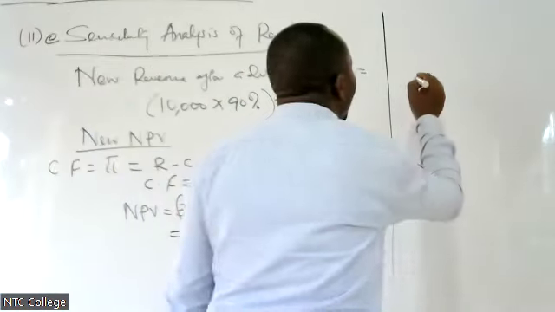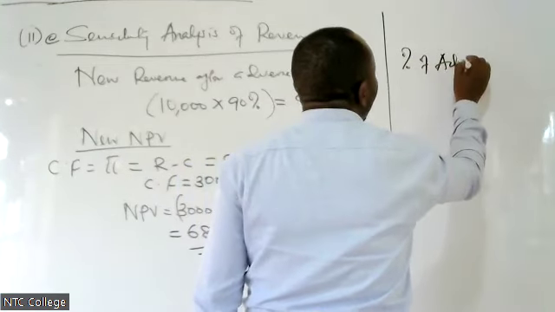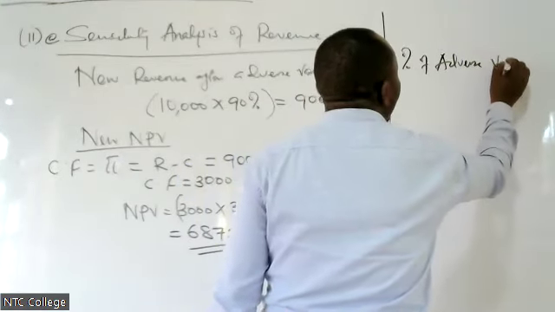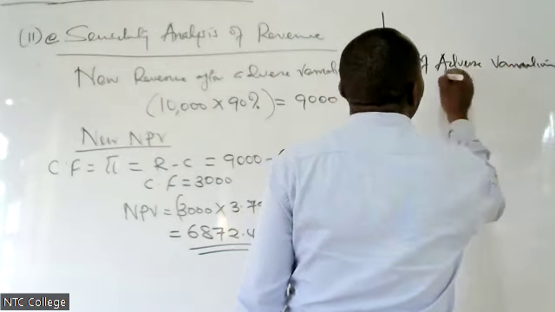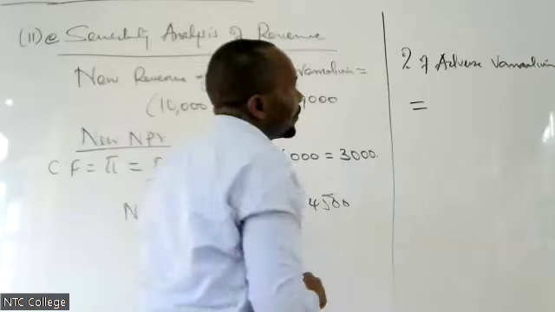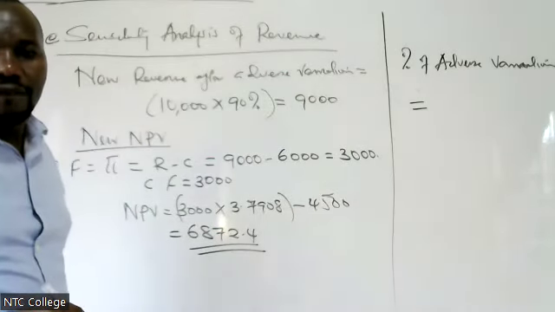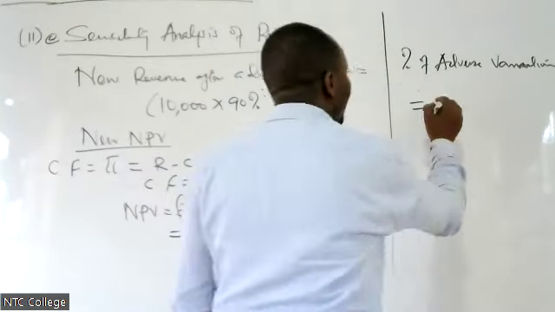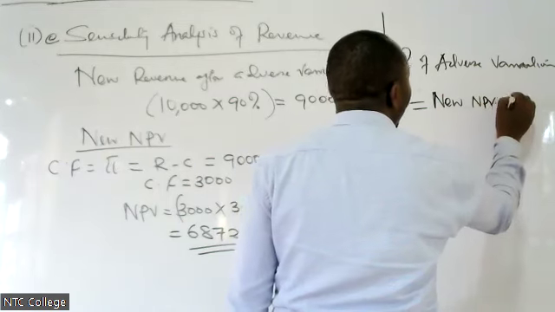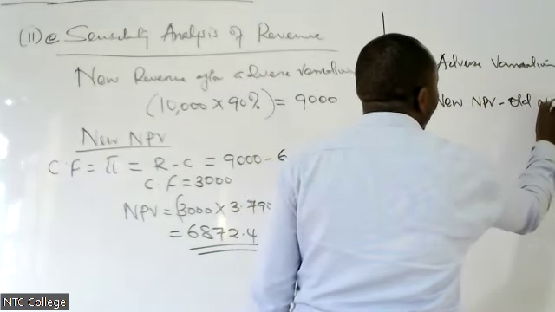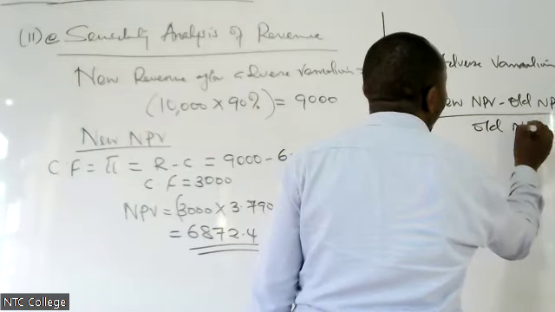So you say that percentage of adverse variation is equal to the new NPV minus old NPV, all over old NPV.